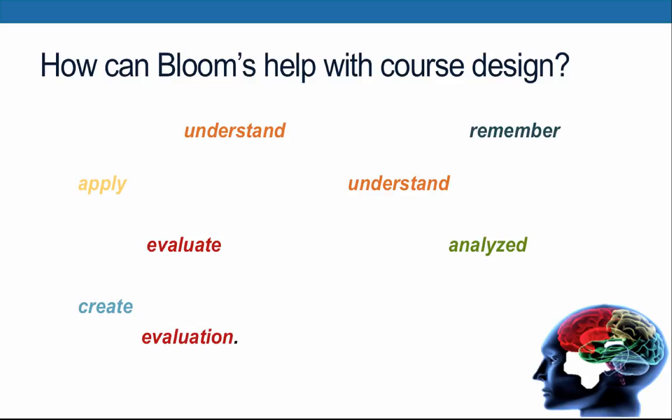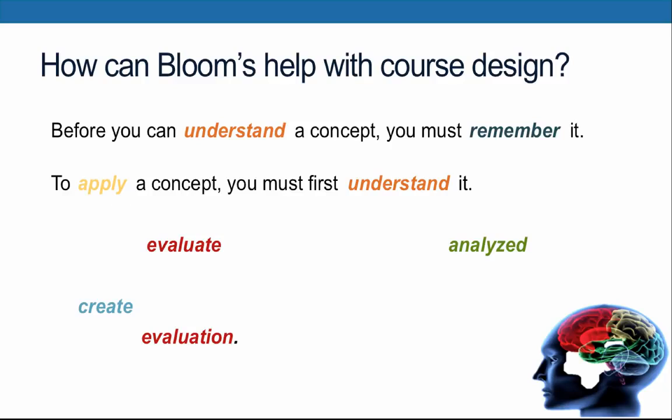As we've just learned, Bloom's classifies learning from lower order to higher order, and each category of learning builds upon the other. To further clarify this concept, it can be said that before you can understand a concept, you must remember it. To apply a concept, you must understand it.